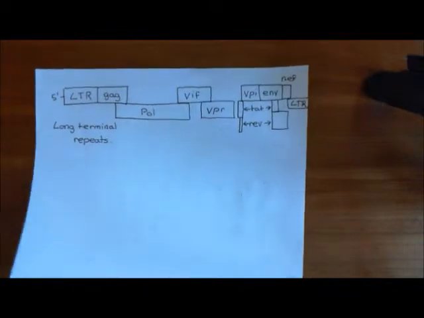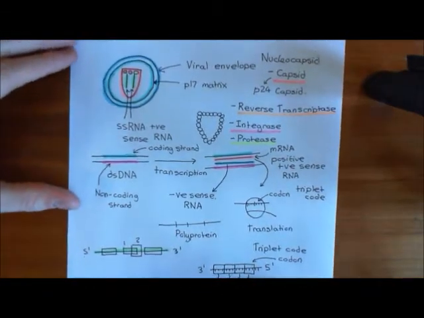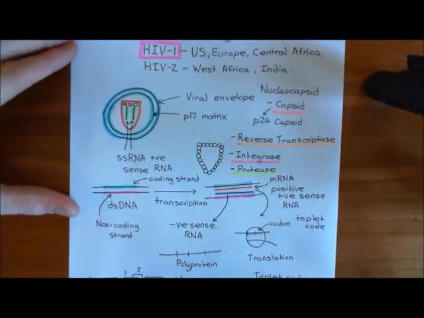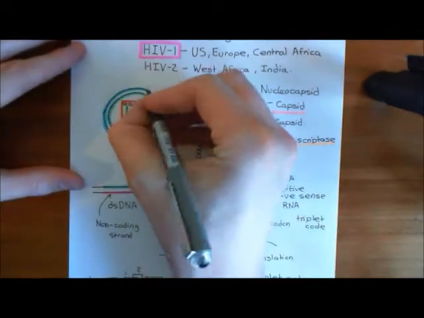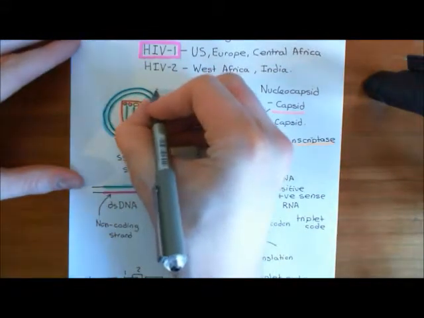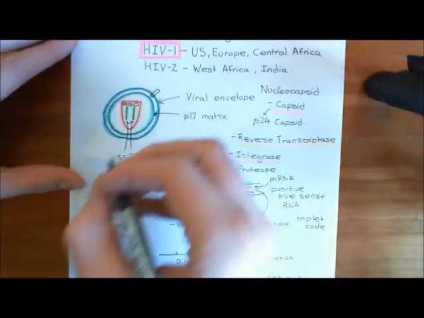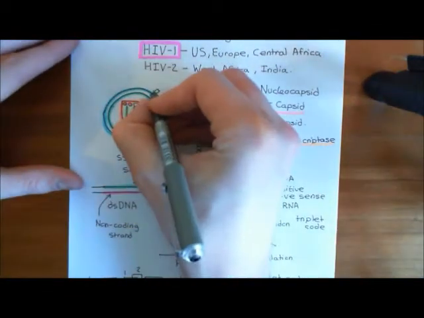Right, so before we go on, I just want to go back to my structure of HIV and add in something very important that I have forgotten, and that's the proteins within the viral envelope membrane. Okay, so you have two important proteins that are basically complexed together.